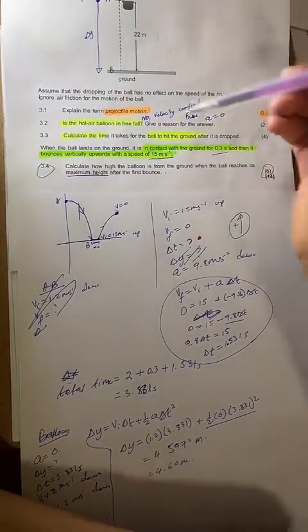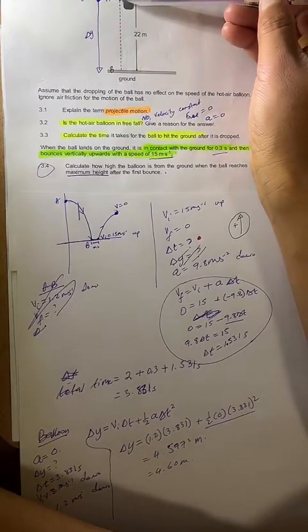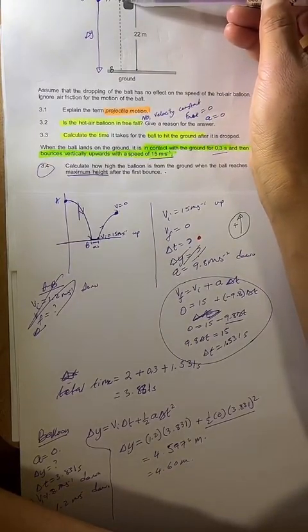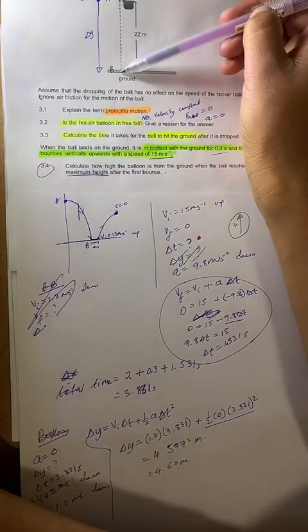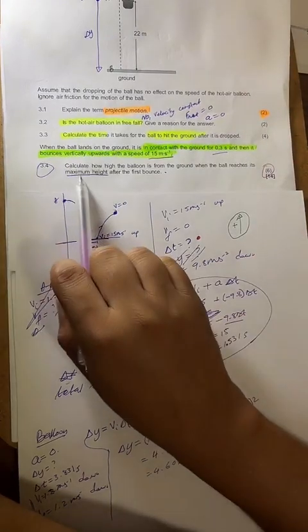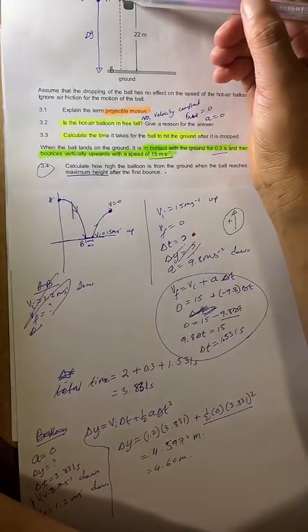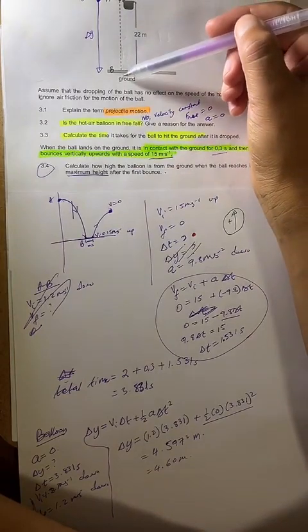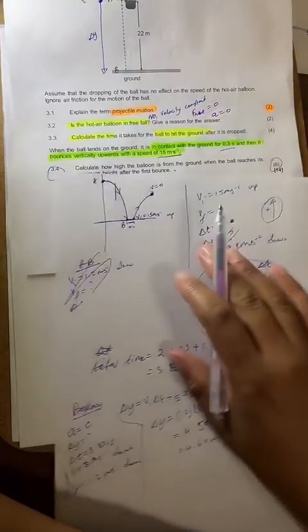But now, the ball traveled from the time it left the hot air balloon for 2 seconds, it reached the ground, it was in contact with the ground for 0.3 seconds, and then bounced and reached a maximum height. So they want, from the time the ball left the hot air balloon until it bounces and reaches maximum height, which is this diagram.